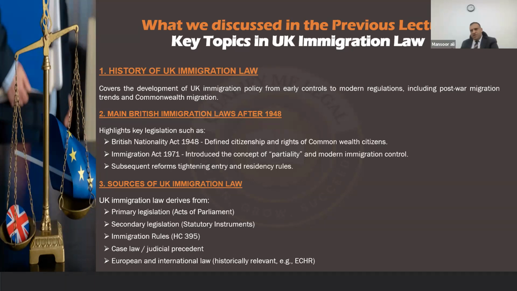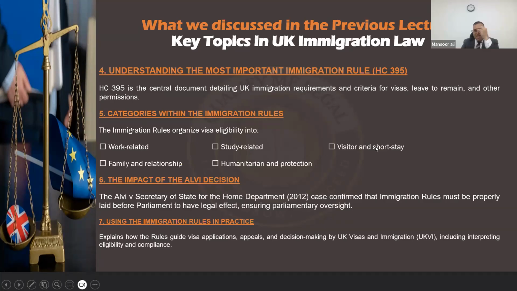We discussed in our last session UK immigration history, UK immigration law. Then we discussed immigration laws after 1948. Then we discussed the sources of UK immigration law, and then categories and the impact of the Alvi decision.